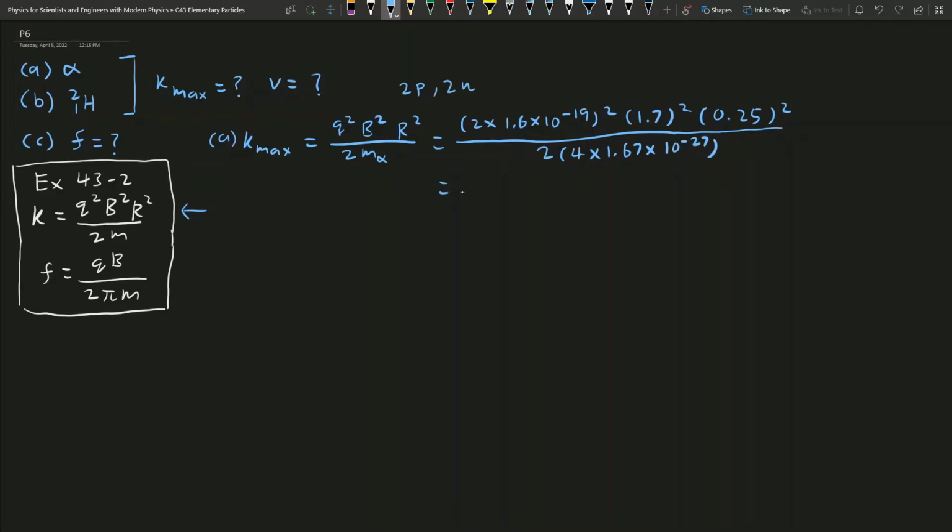Of course in this case we will assume the mass of a neutron is approximately the mass of a proton. From here I get 1.384 times 10 to the negative 12 joule.